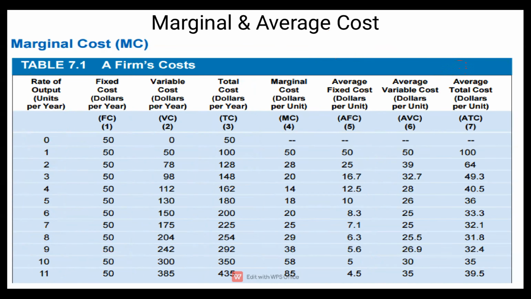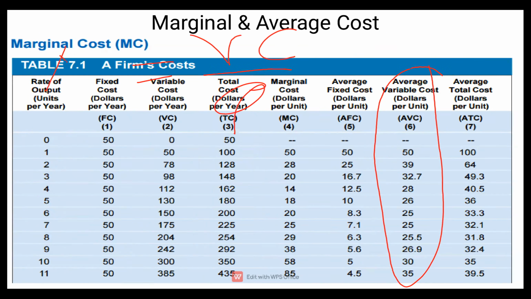All right, then how do you find average variable costs? Obviously, it's variable cost divided by what? By output, isn't it? That's what we just said. So you know where variable cost is? This is your variable cost.